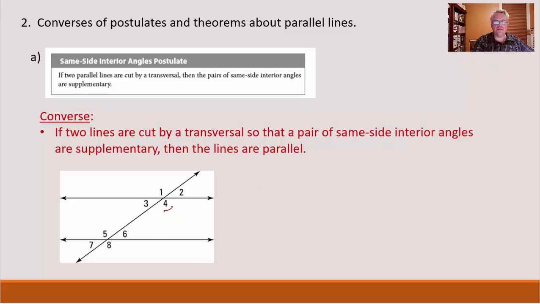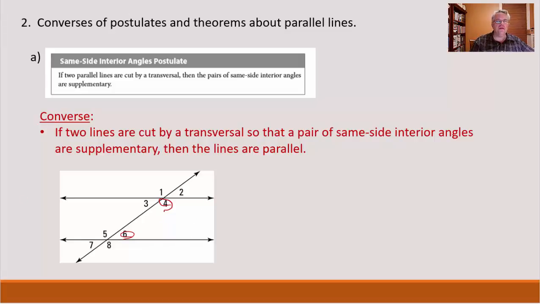Like for instance, in this figure, if the lines are parallel, 4 and 6 have to be supplementary. That's the postulate. The converse states it the other way around. The converse of the same side interior angles postulate says, if 4 and 6 are supplementary, then the lines are parallel. And that's a way we can prove the lines are parallel. If we know 4 and 6 are supplementary, we can conclude these 2 are parallel.